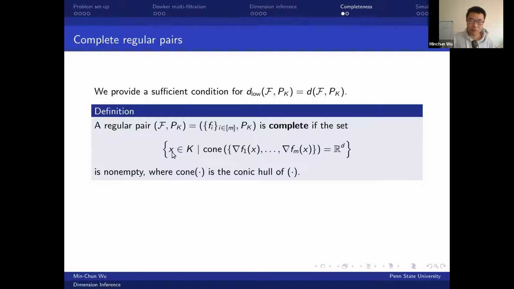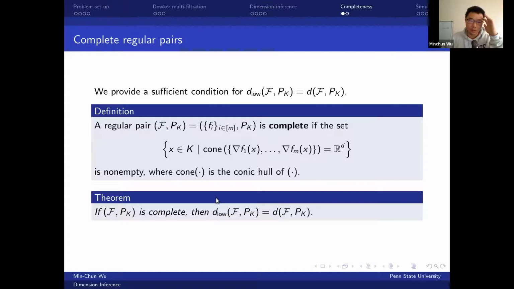This is quantifying what we mean by a point being central enough. A point in here, we consider to be central. Using that point to construct the filtration will give you the (d-1)-cycle that we desire. So not surprisingly, if our regular pair is complete, then the lower bound that we derived from the regular pair will be equal to the true dimension.